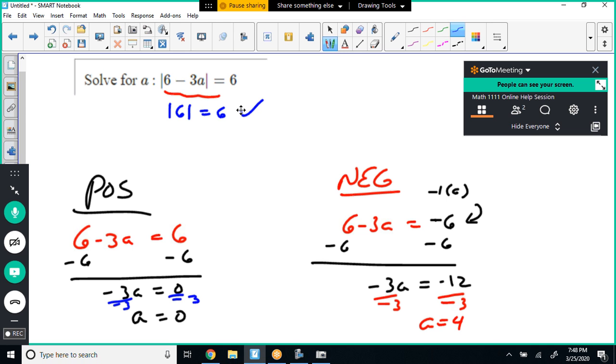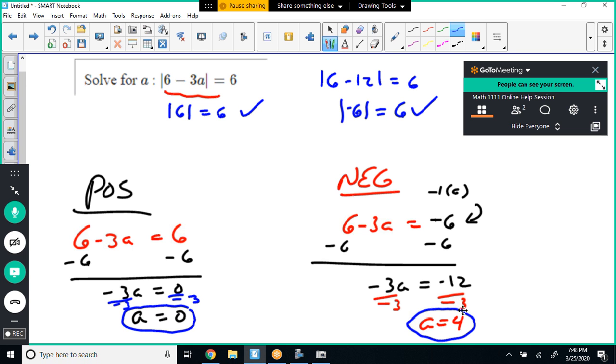That agree? Now if I were to plug 4 in here, you'd have the absolute value of 6 minus 12, and 6 minus 12 is the absolute value of -6. Does the absolute value of -6 equal 6? Yes, it does. So our answer is 0 and 4. That's the answer for the variable.